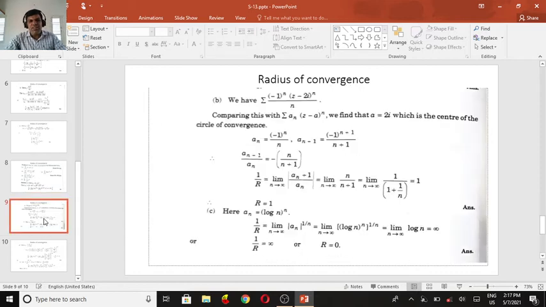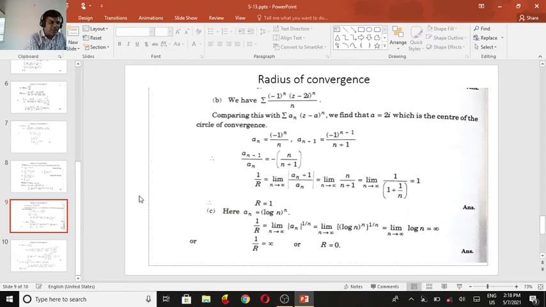We have the summation of (-1) power n into (z - 2i) whole power n divided by n. Comparing with the summation a_n into (z - a) whole power n, we find that a is equal to 2i, which is the center of the circle of convergence.